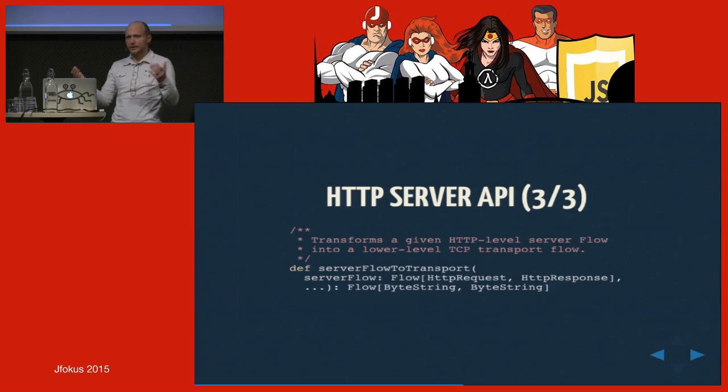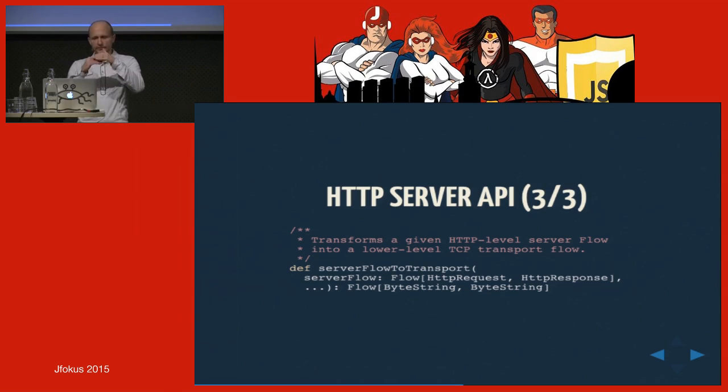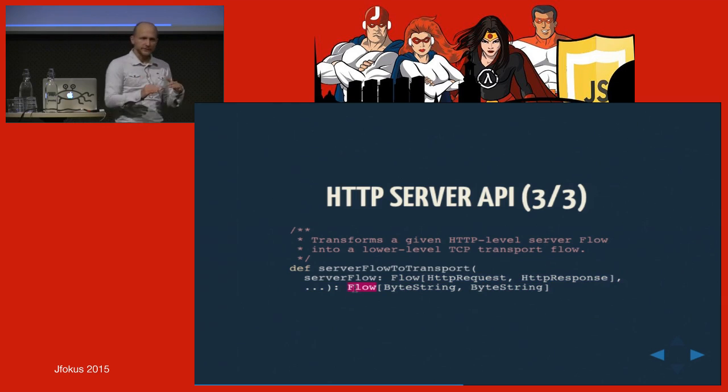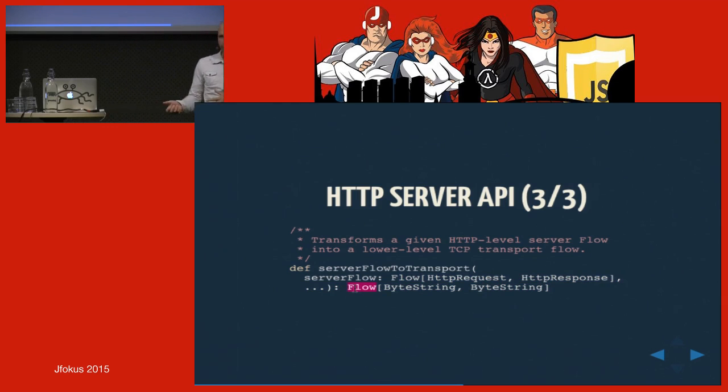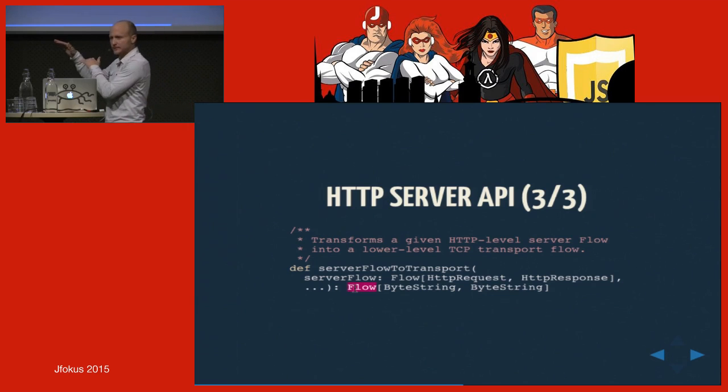And on the HTTP level, we turn requests into responses. Because we sit on top of it, we can give you a method that takes the flow that you provide, which turns requests into responses, into another flow on the TCP level, which turns bytes into bytes. That's the essence of the HTTP layer, and it's completely decoupled from everything else.